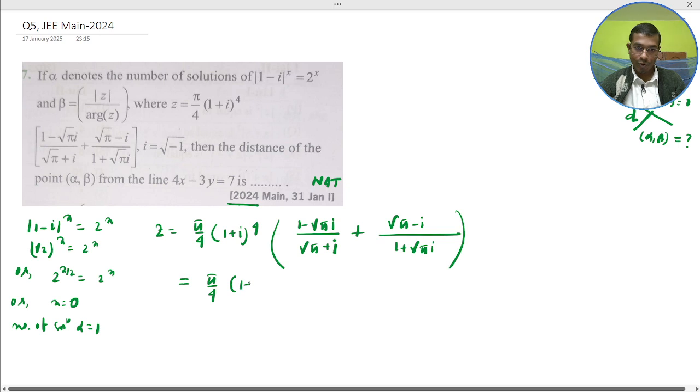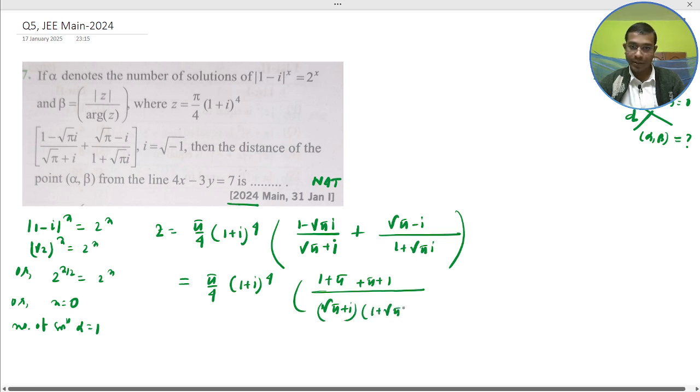Pi by 4, (1 plus i) to the power 4. This would be what? Just multiply with the negative 1 and you get 1 plus pi plus 1, and in the denominator root pi plus i into 1 plus root pi i. So this would be what?